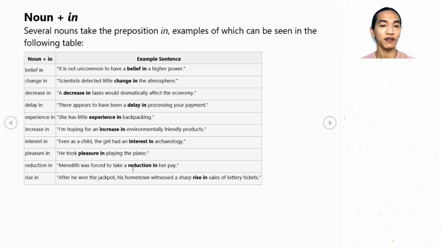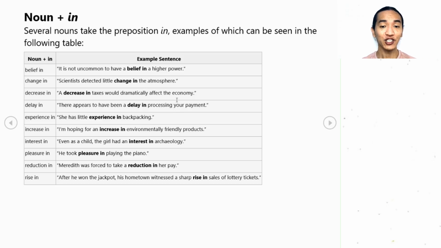So let's see some of the examples. A belief in. It is not uncommon to have a belief in a higher power. All right. Change in. Scientists detected little change in the atmosphere. We also have delay in. There appears to have been a delay in processing your payment. All right.